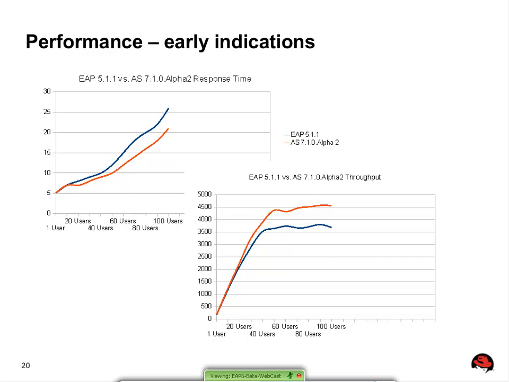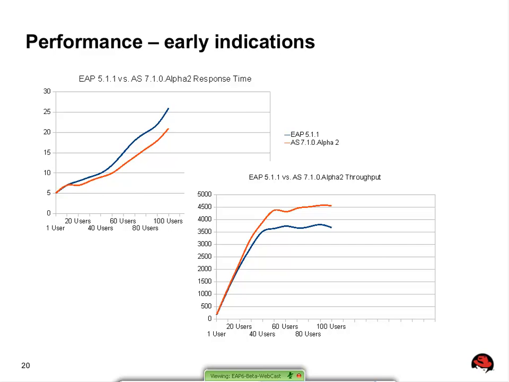But they show even without any real performance work that JBoss AS7, an early version of JBoss AS7.1, already outperformed EAP 5 by about 30%. So, the initial starting baseline is extremely favorable. Now we just need to get down and start the real performance work. So, hopefully we'll push this even further.